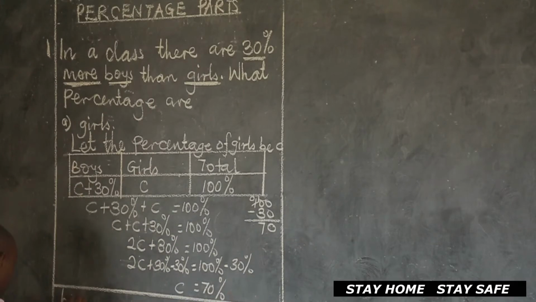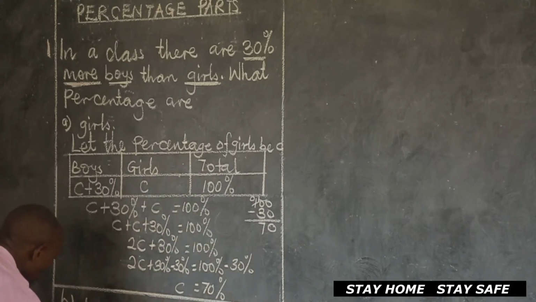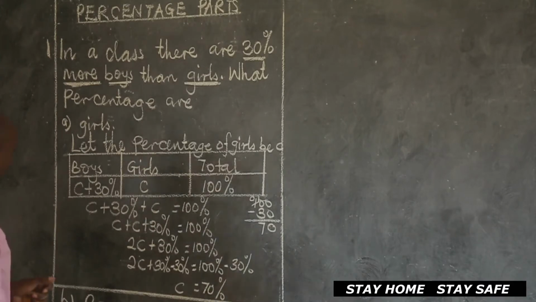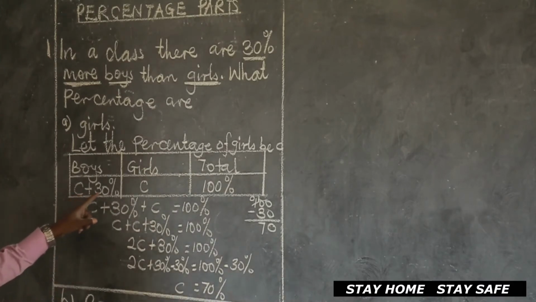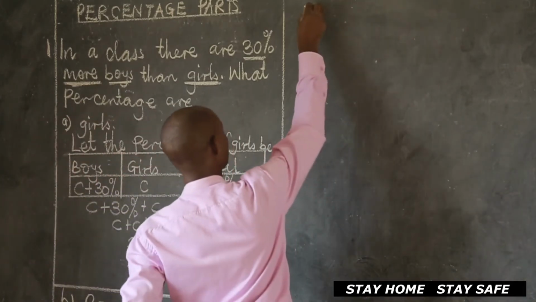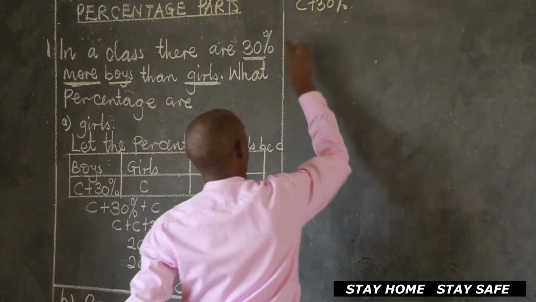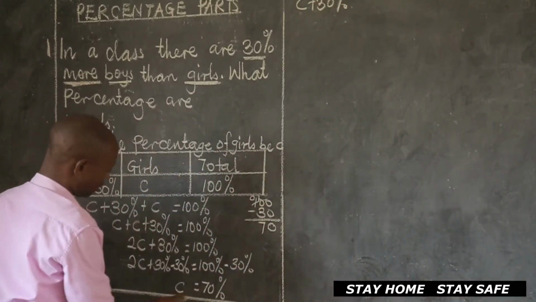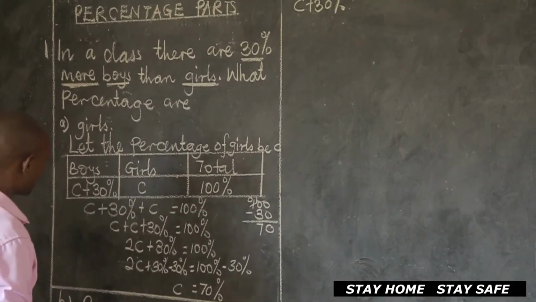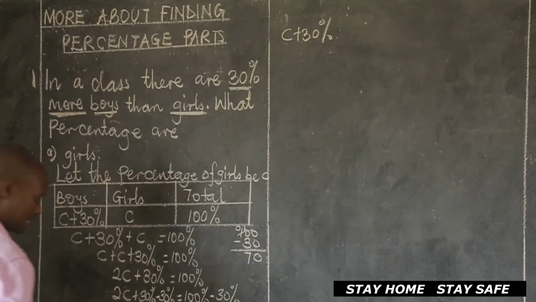Part B, assuming now I want the percentage of boys. The percentage of boys is represented by C plus 30. So for boys they have C plus 30%. Sorry, this one is incomplete.